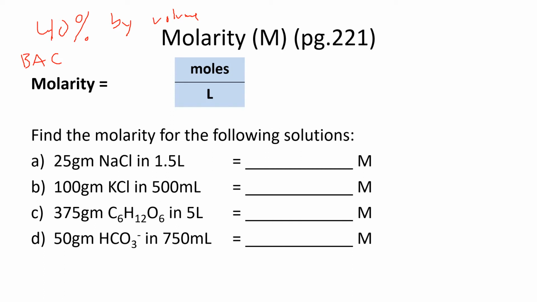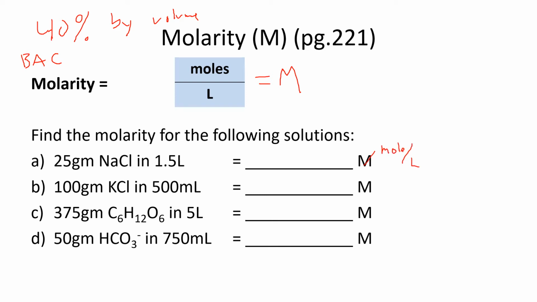For chemistry, we're going to use molarity, which uses moles. It's easy: just take the number of moles over liters. The symbol for molarity is capital M, so anytime you see a capital M, you know that it is moles per liter.